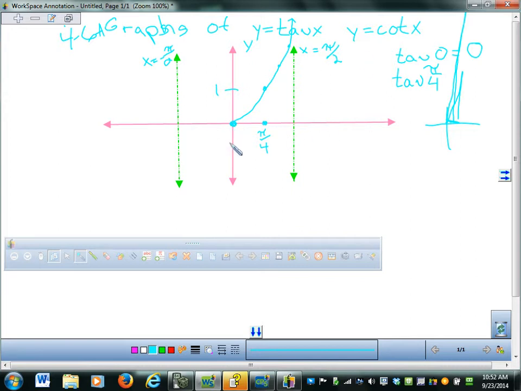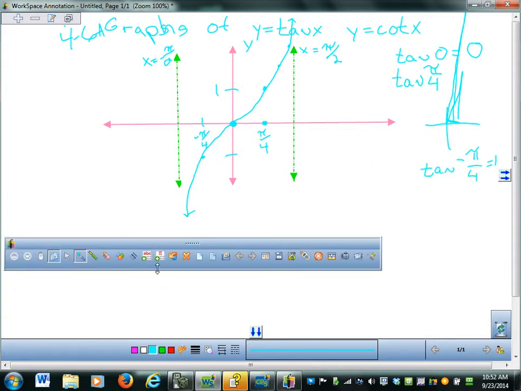So what's the tangent of negative pi over 4? That would be negative 1. So I'd have a point here at negative pi over 4, negative 1, and then it looks like a little squiggly thing that goes like that.